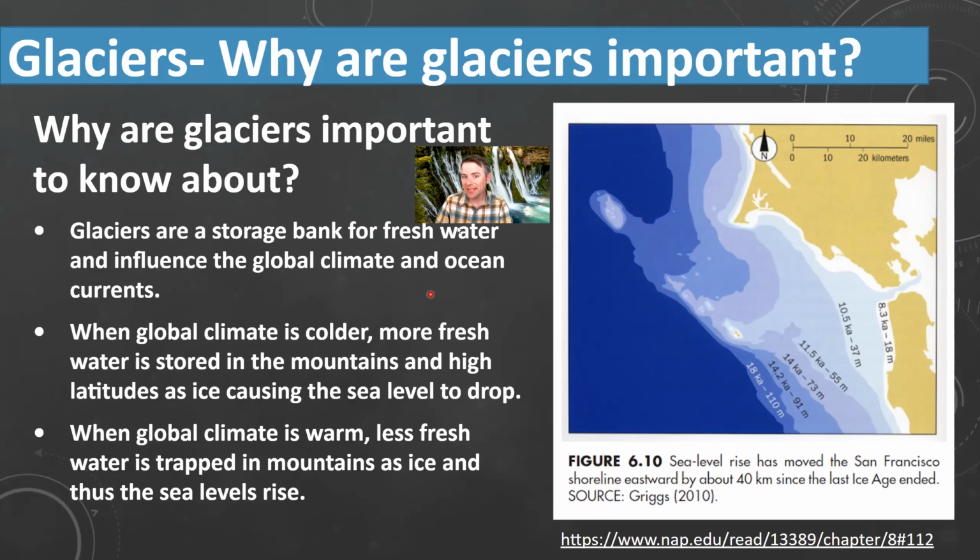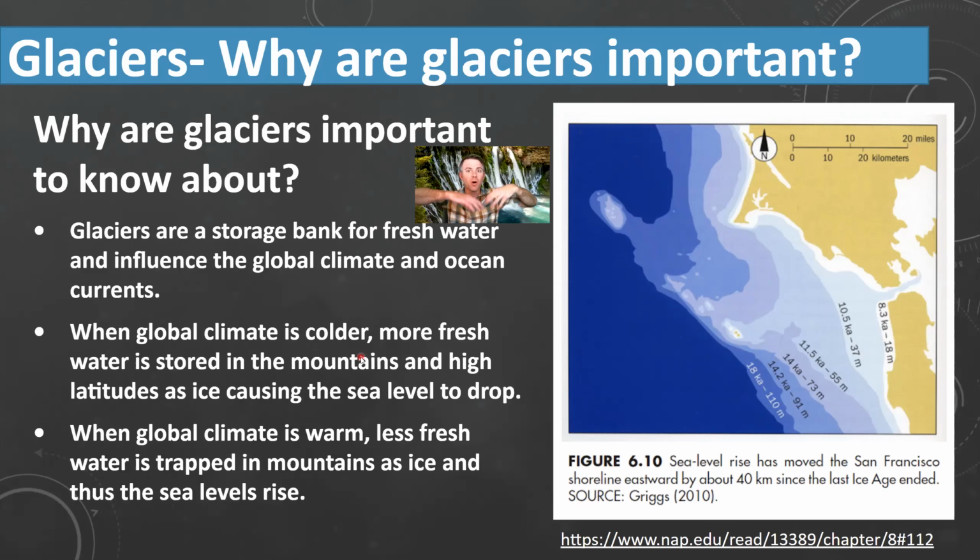They're really important these days because they have a big influence on global weather patterns and climate patterns over years and years. They play a big role in ocean currents that we'll be talking about in a week or two. And so when the global climate is colder, more fresh water is stored up high, which makes sea levels go down.